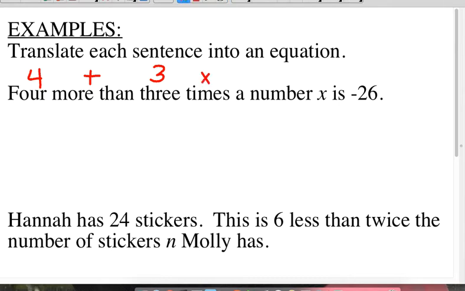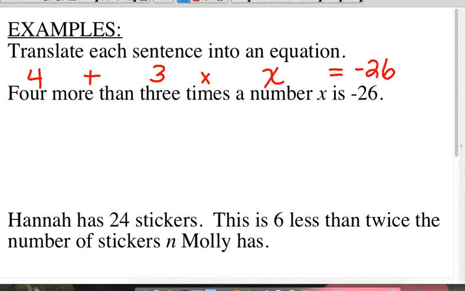A number, x. Okay, remember what I said, a number means a variable, and they're telling you to use x in this case. So I'm going to put my fancy little wavy x there. Is, that was one of those additional hints, is an equal sign, and there's negative 26.